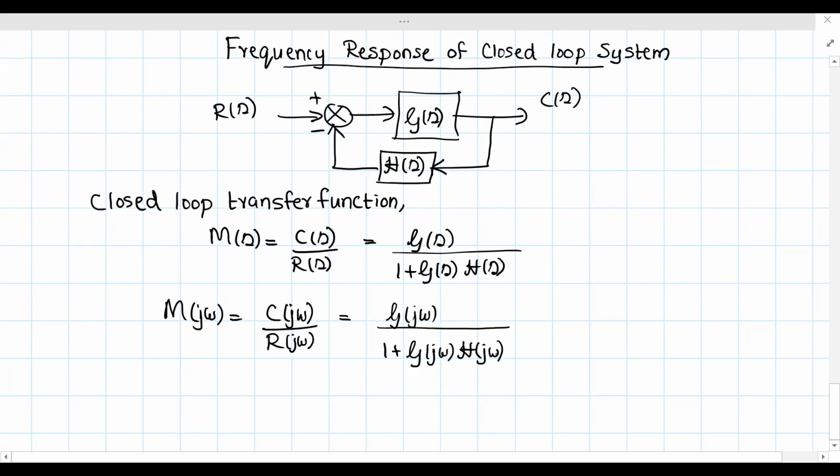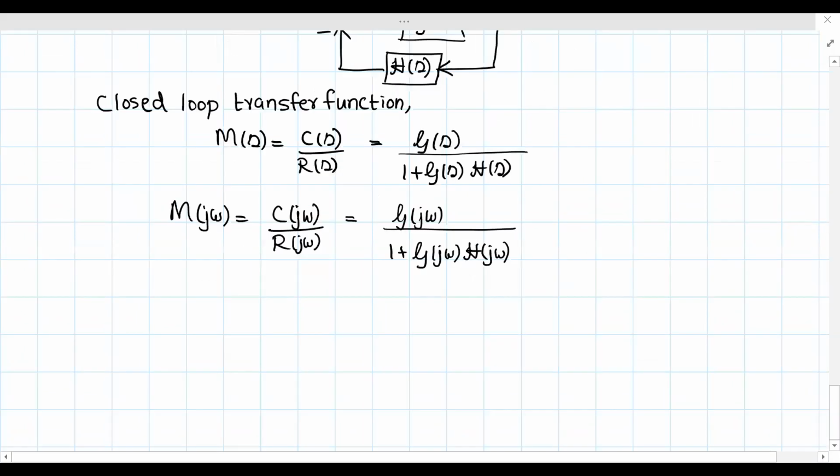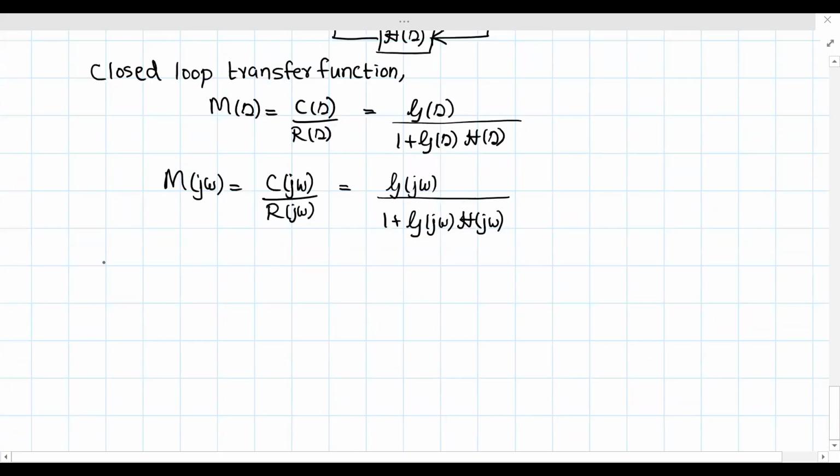Okay, now M(j omega) is a complex quantity having magnitude and phase angle. So what will be the magnitude of M(j omega)? Magnitude will be mod of G(j omega) divided by 1 plus G(j omega)H(j omega).